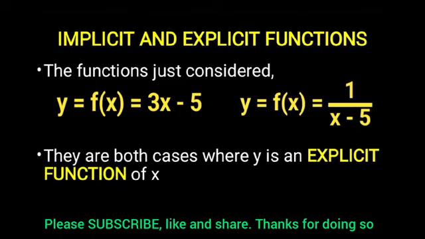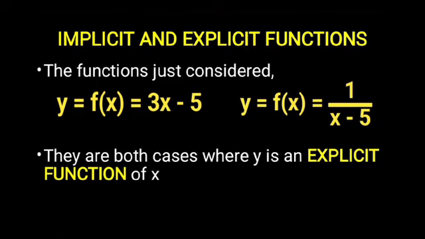Now in considering implicit and explicit functions, the functions just considered, y is equal to f of x is equal to 3x minus 5, and also y is equal to f of x, which is equal to 1 over x minus 5, are both cases where y is an explicit function of x.